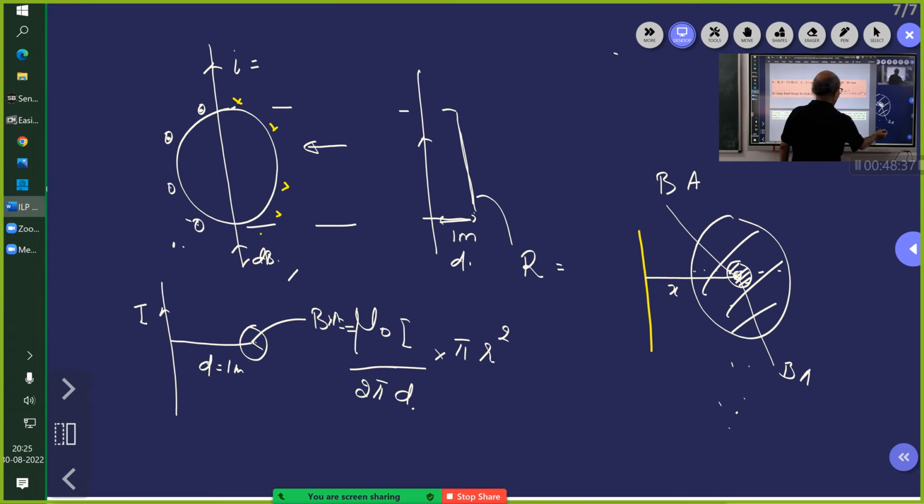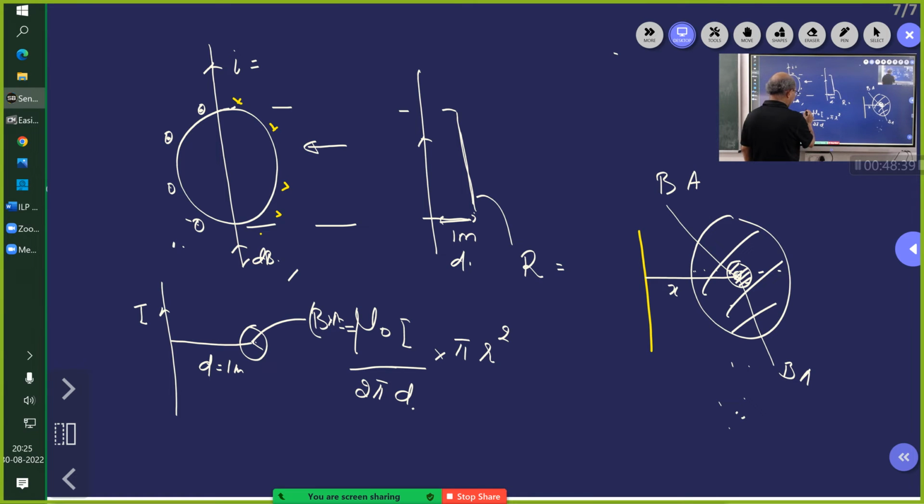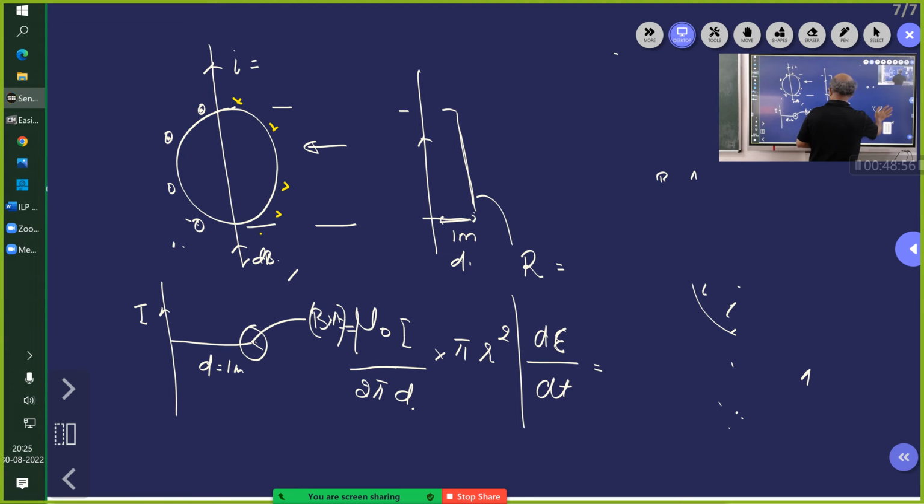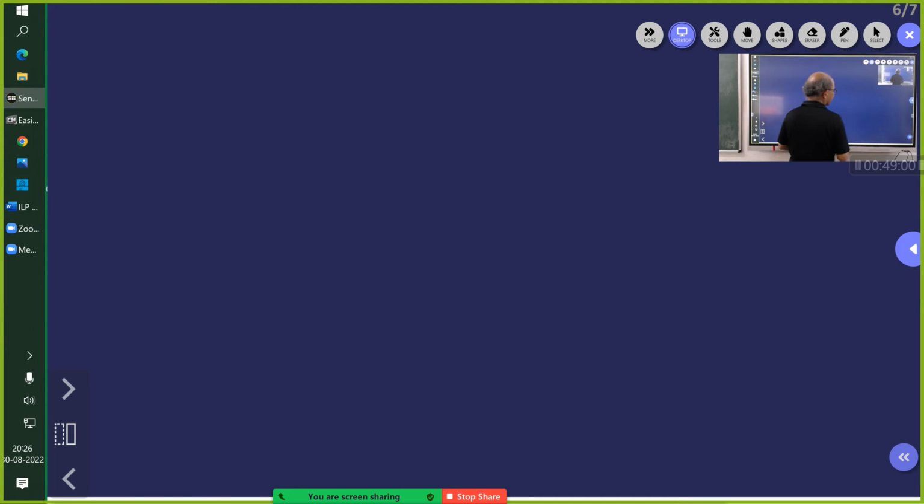If I differentiate this with respect to time, I am going to get the rate of change of flux, which gives the induced potential, dE by dt.